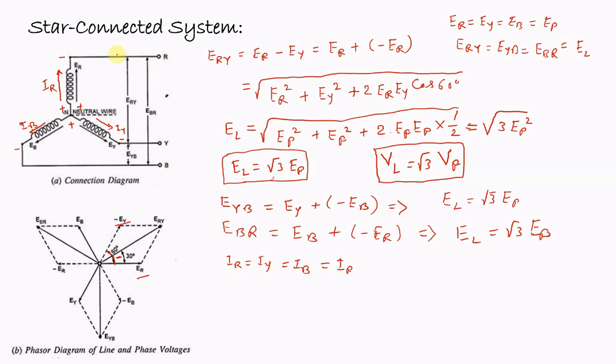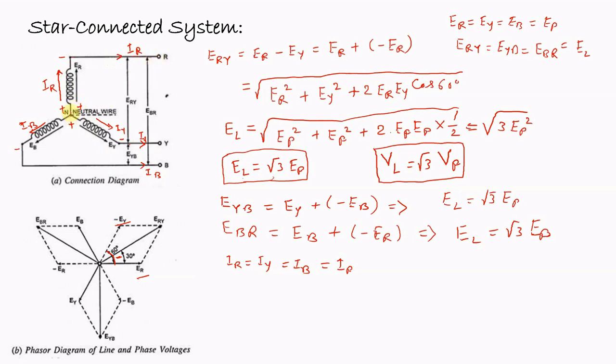And the current which is flowing to the external circuit is considered as the line current, that is IR, IY, and IB. Here you can see that the current which is flowing through a coil, the same current will flow through the external path.